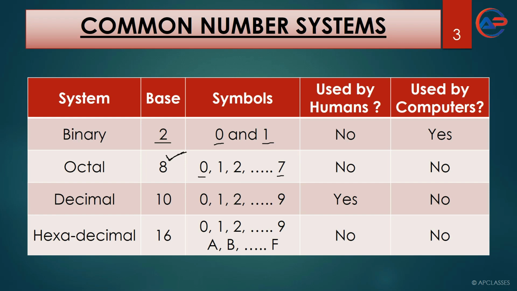Here you can use the digits starting from 0 to 7. As we are starting from 0, 0 is considered as the first digit, 1 as the second digit, 2 as the third digit. Similarly, 7 will be considered as the 8th digit, the last digit which we can use in an octal number system.